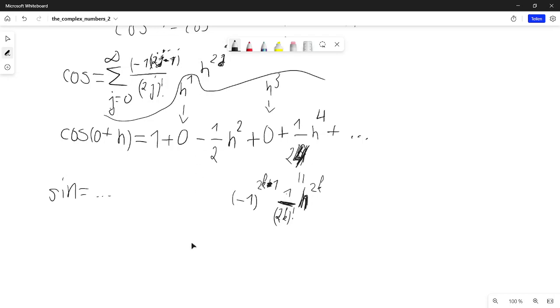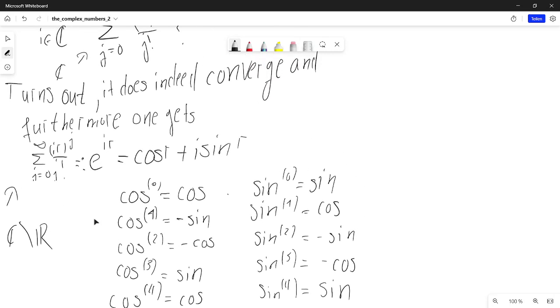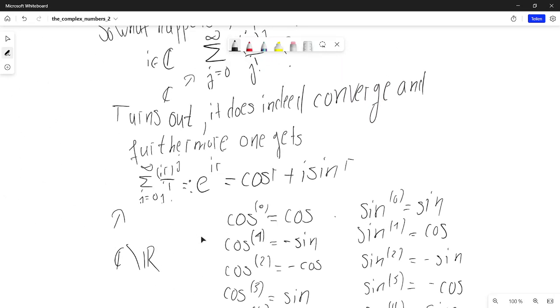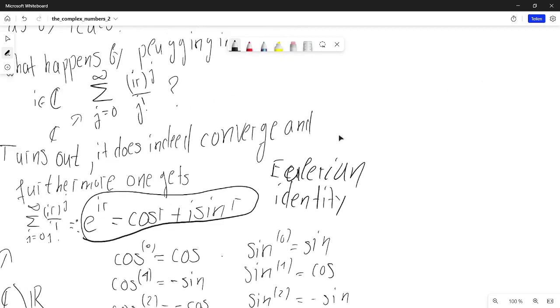Alright, and then it turns out, if you consider those representations as infinite series, that this is true. That is Euler's identity.